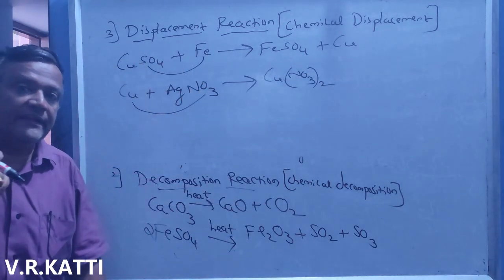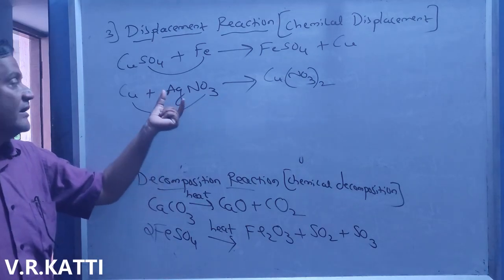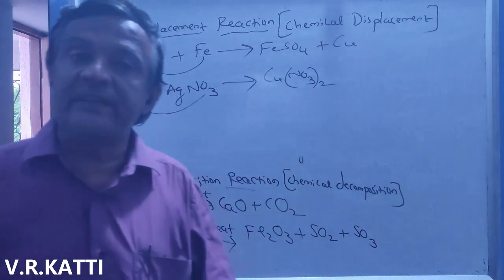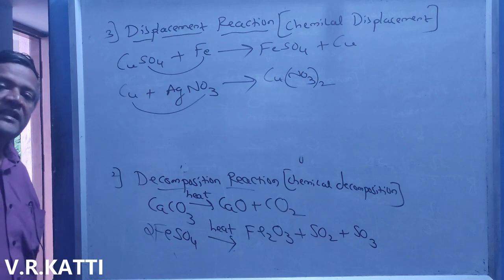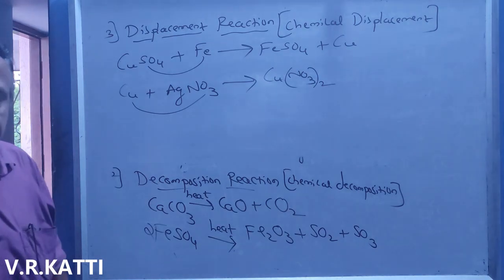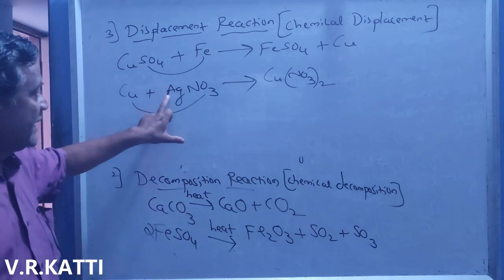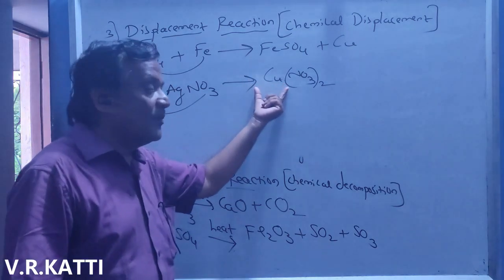Copper nitrate. Why? Because it depends on valency. You already studied about valency in 9th standard. So, valency of silver is 1, that is why AgNO3.